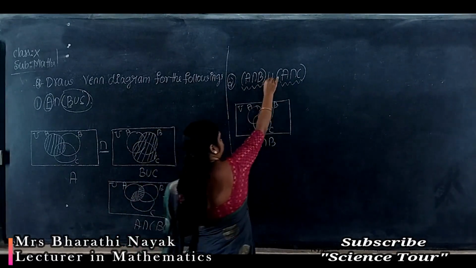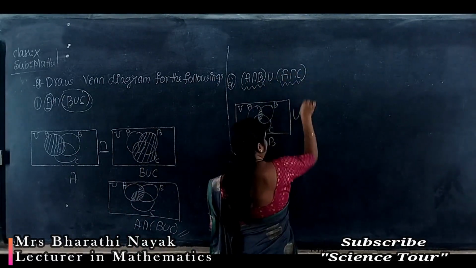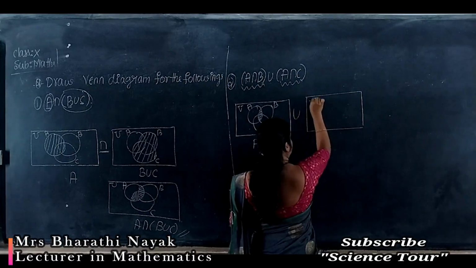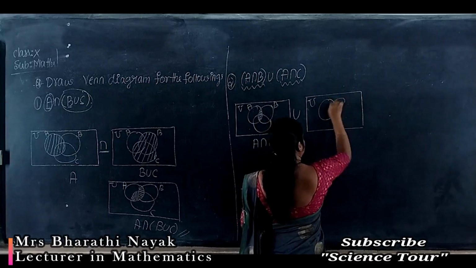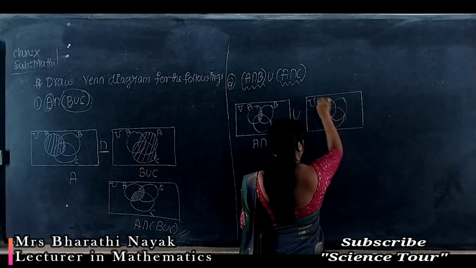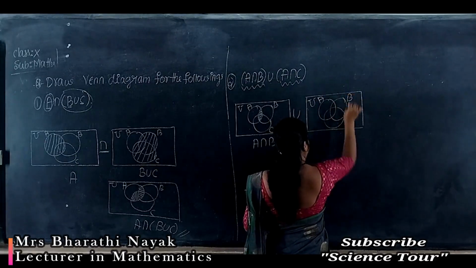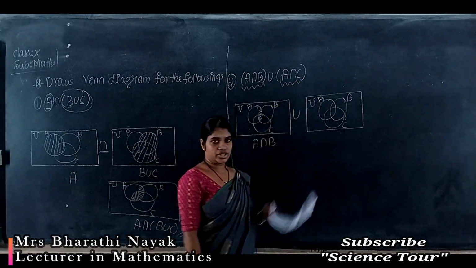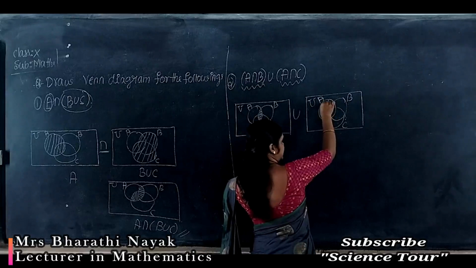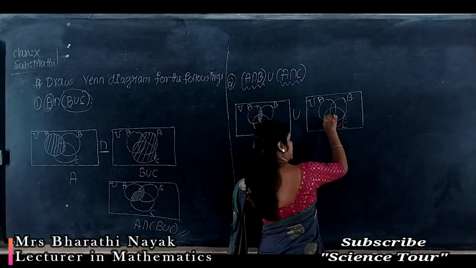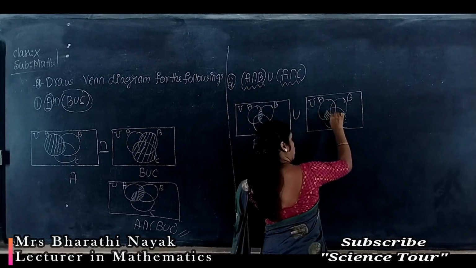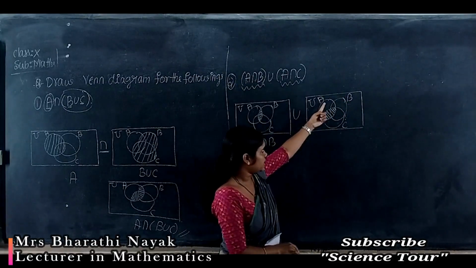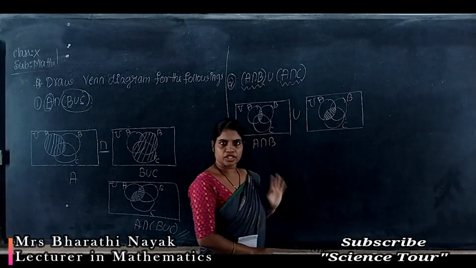Next, the second part, A intersection C. This is the universal set. This is set A, this is set B and this is set C. A intersection C means set A and set C. Intersection means a common region, so this is your common region for A as well as C. Understood now?